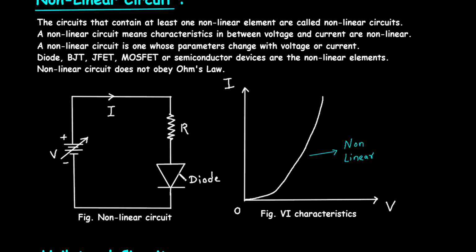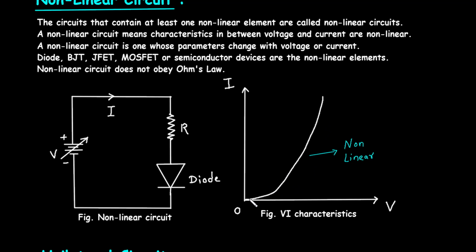Diode, BJT, JFET, MOSFET or semiconductor devices are the non-linear elements. A non-linear circuit means characteristics in between voltage and current are non-linear. Here we can see this is non-linear. We are getting a curve-like shape.